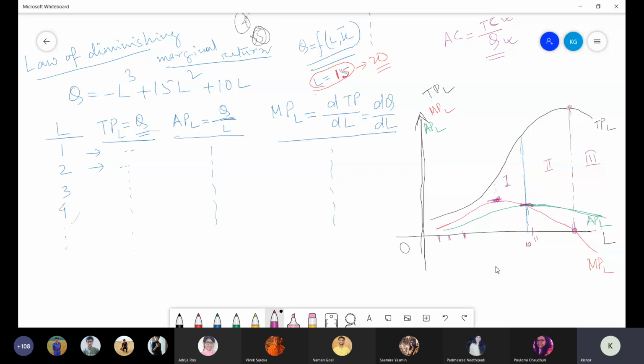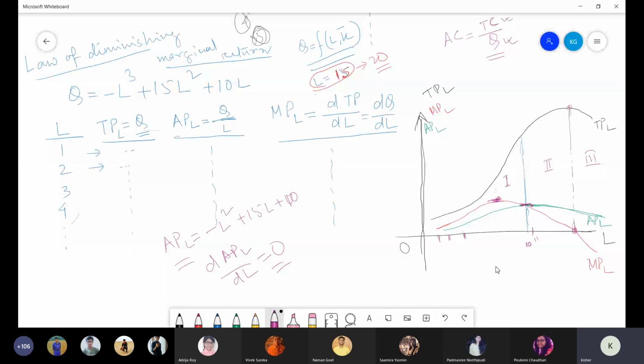How can you find out this exact value in a fraction of a second? I'm telling you. First you calculate the average product equation. Average product is divided by Q. It will be minus L square plus 15L plus 10. Now you know dAPL by dL will be equal to 0, slope at maximum point.